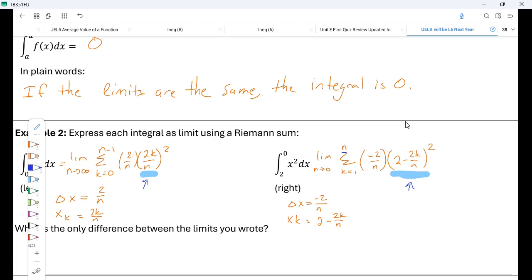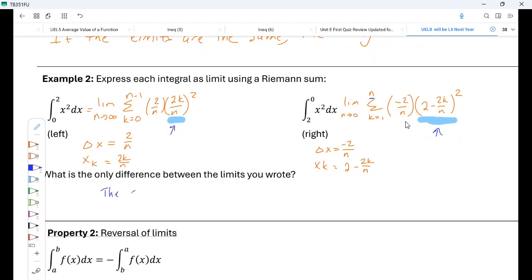So the numbers in the summations would all be the same, they're just being reversed. The only difference between these two limits is the delta x, and the only difference between the delta x's is that one is positive and the other is negative.